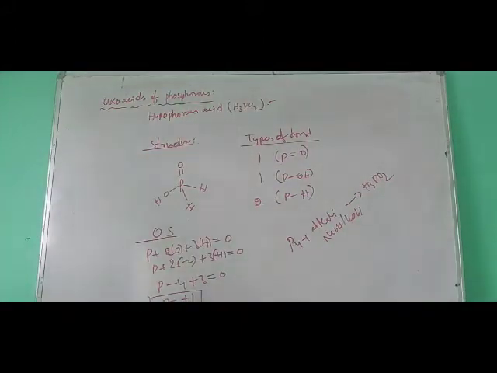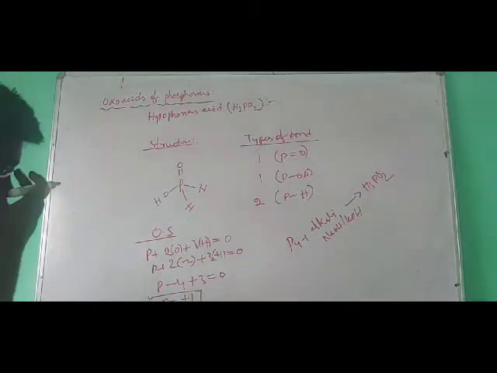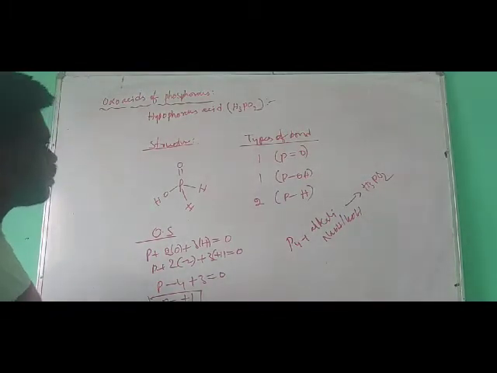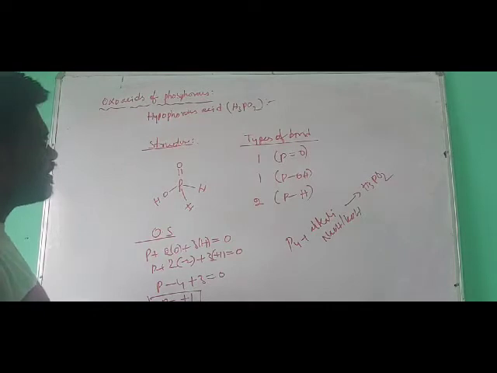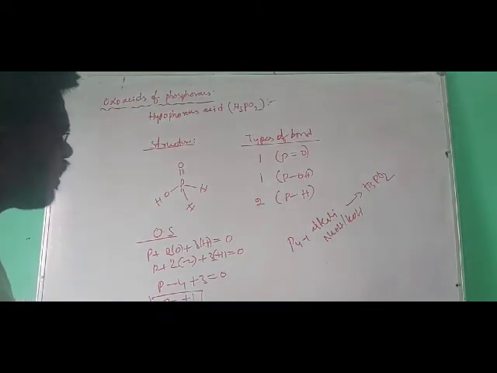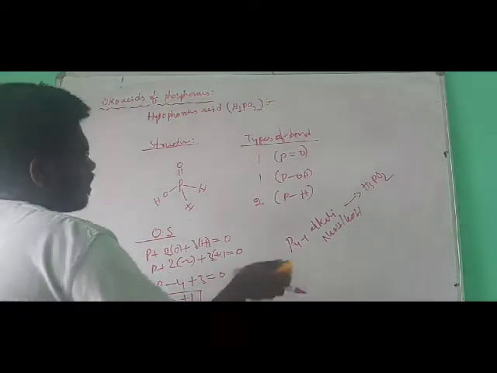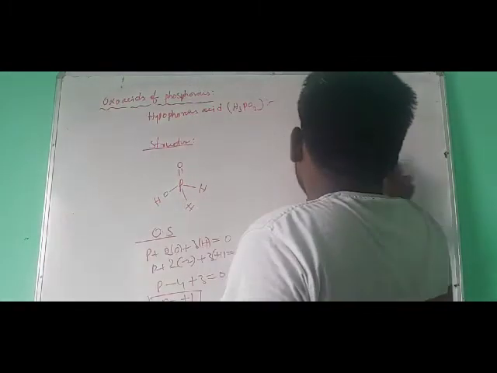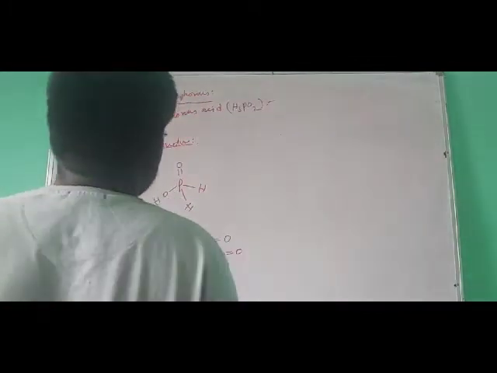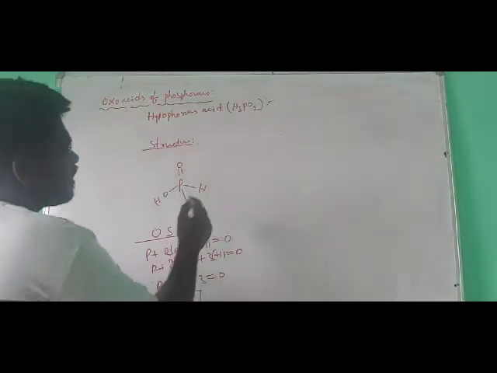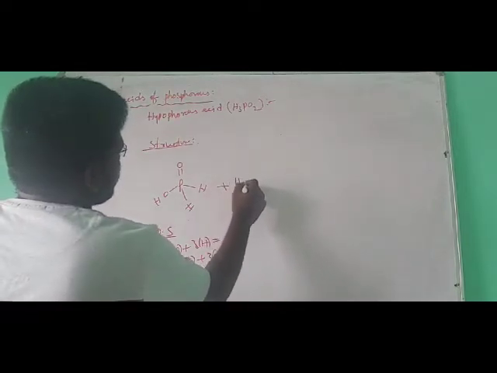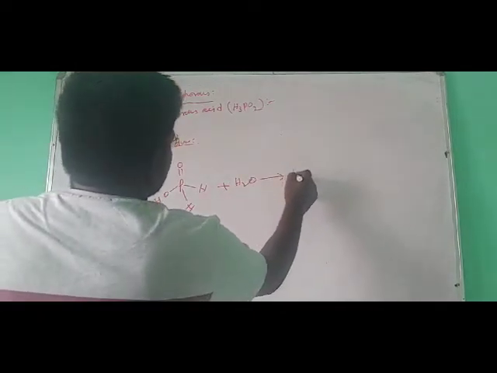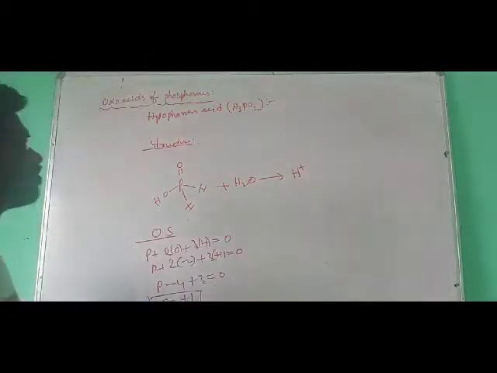Now here one more thing: when you dissolve hypophosphorus acid in water, it gives only one H plus ion.